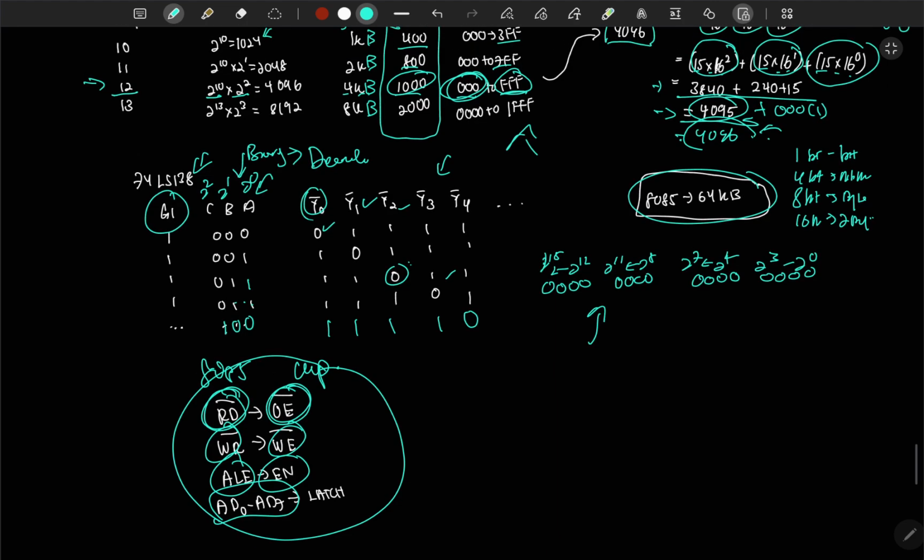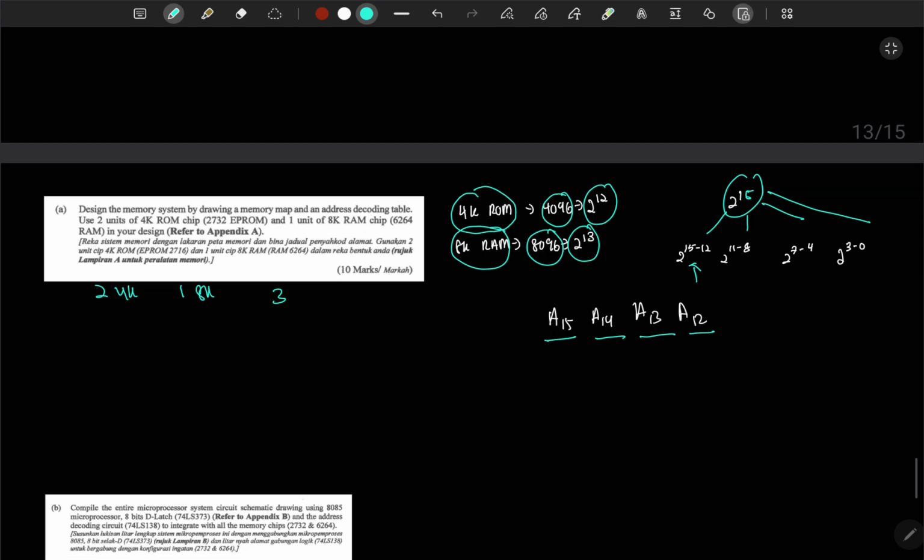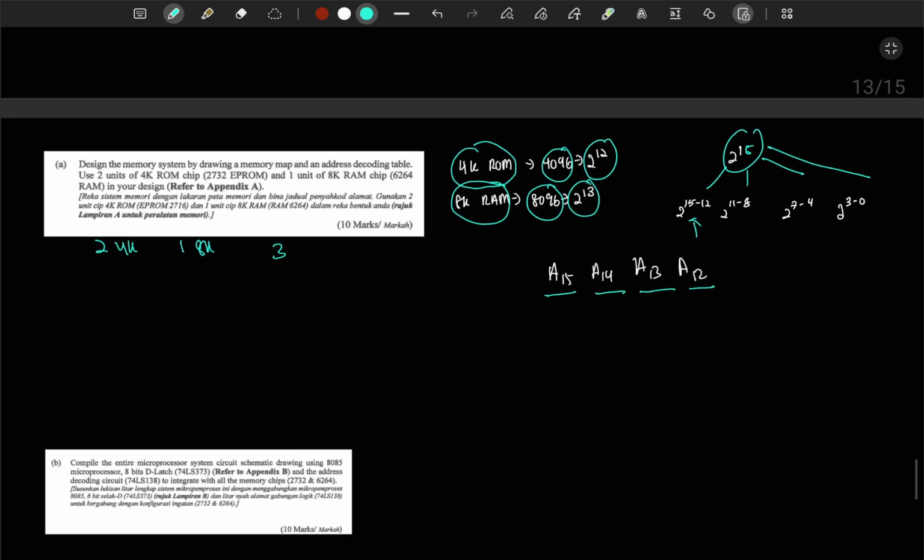Now, normally if we want to take Y0, Y1, Y2, we need to have A as 0, A as 1 and B as 1. But there is a mathematical constraint here. Just imagine A11 till A0.